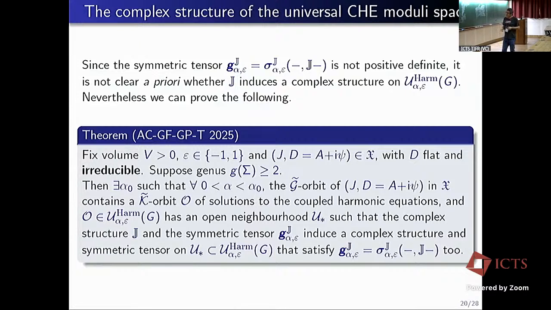You look at this orbit as a point in this moduli space I just described, and it has an open neighborhood for which the complex structure reduces. And so does the symmetric tensor, and they satisfy this too. The calculations also tell you that this quotient is finite dimensional by some ellipticity. The proof is kind of longer.